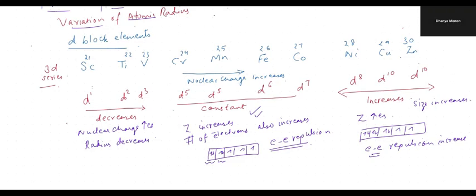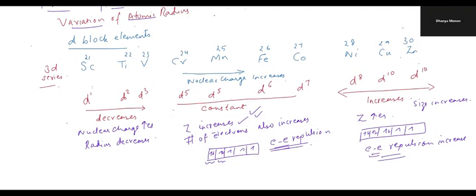So the first three elements show the normal behavior. That is, as you go from left to right, the atomic size is decreasing. In the next set, it remains constant because as the nuclear charge increases, there's also an increase in electron-electron repulsion because the number of electrons is increasing too. They balance each other out, so there is not much change seen. But in the next set, as the nuclear charge increases, the number of electrons also increases more.